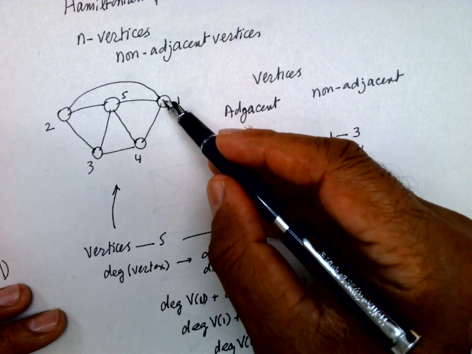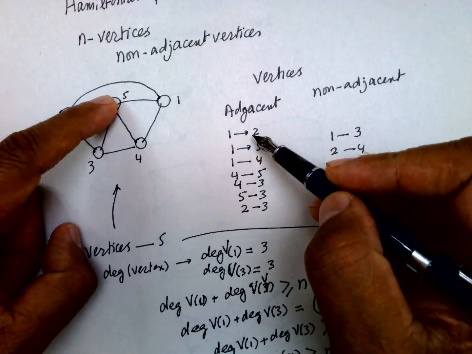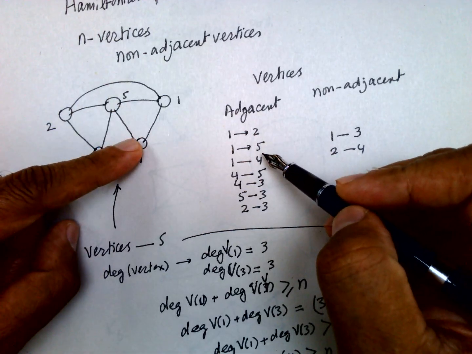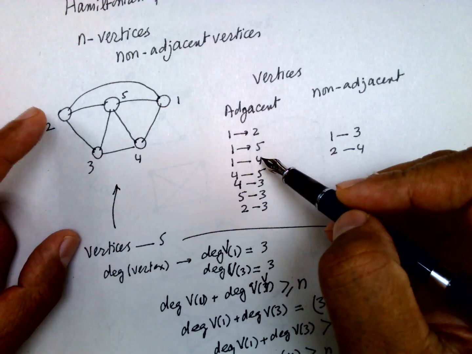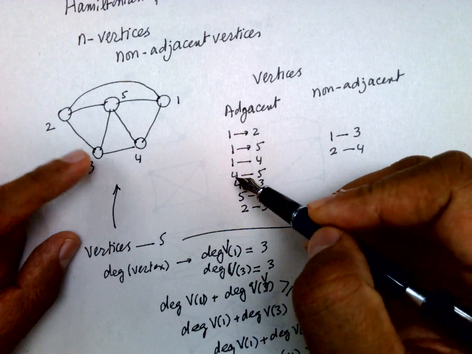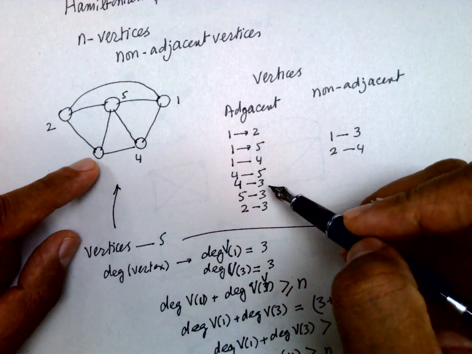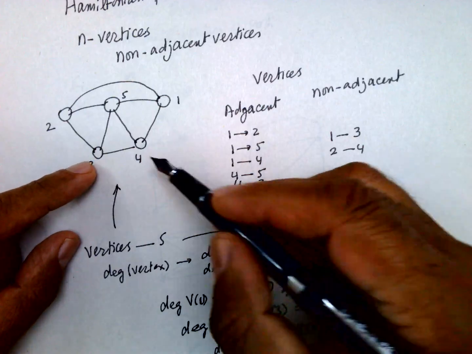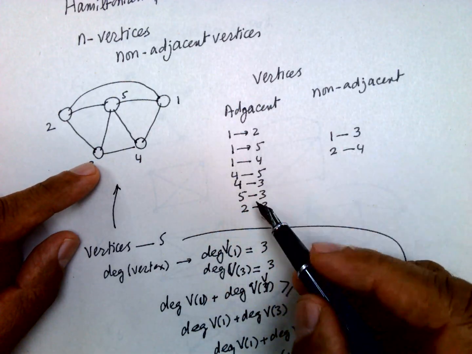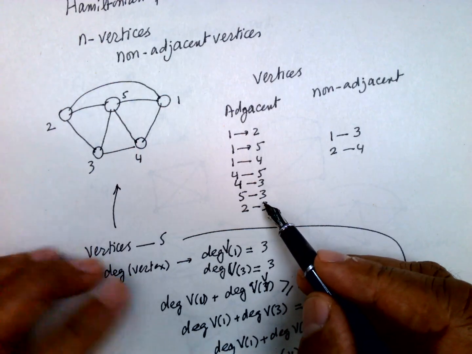So vertex 1 has adjacent 2, 5, and 4. Likewise, 1 and 4 are adjacent, 4 and 5 adjacent, 4 and 3 adjacent, 5 and 3 adjacent, 5 and 2 adjacent.